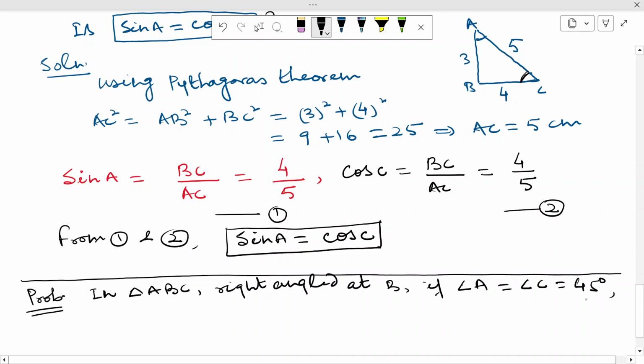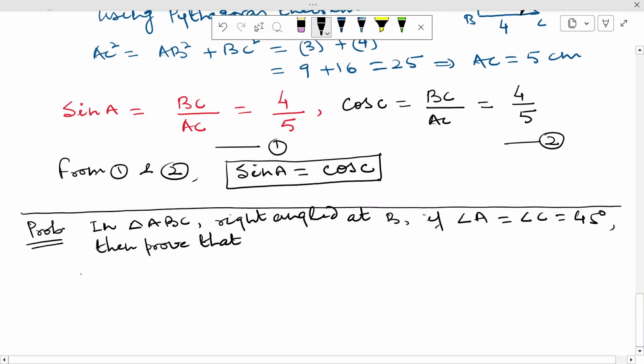Then we have to prove, number 1, that sine of angle A is same as sine of angle C.